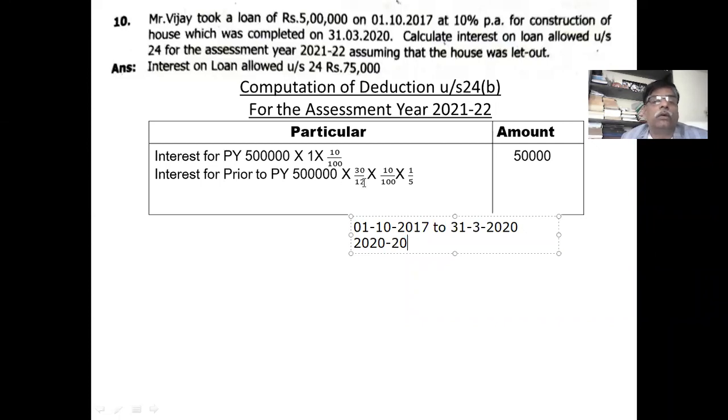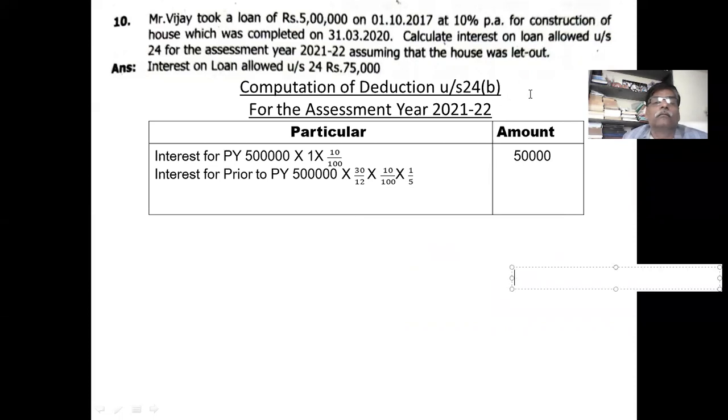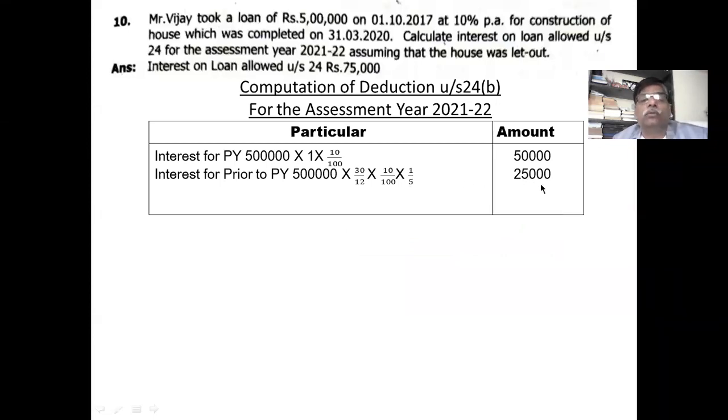30 divided by 12, into rate of interest 10/100, into 1/5. 1/5 you have to take. In this way, you calculate the interest prior to previous year. So its answer is 25,000. 25,000 is the interest prior to previous year.